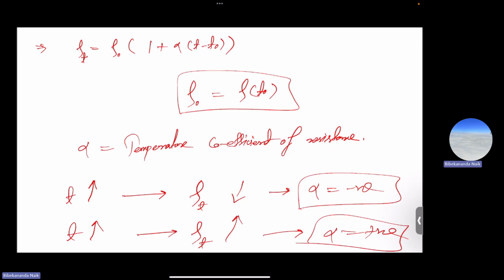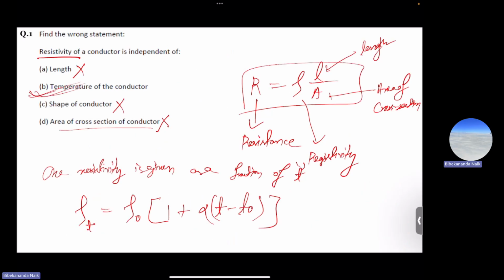So temperature affects the resistivity, because depending upon the temperature, the movement of free electrons inside a material is determined. So the resistivity of a conductor is dependent upon the temperature. So the correct option is option B, and this option B is the wrong statement.